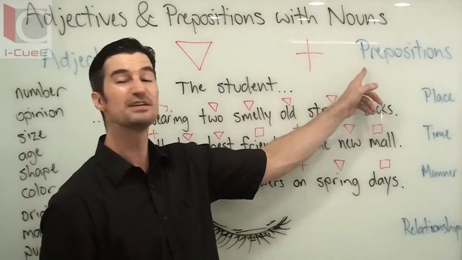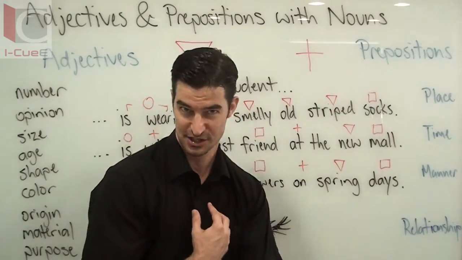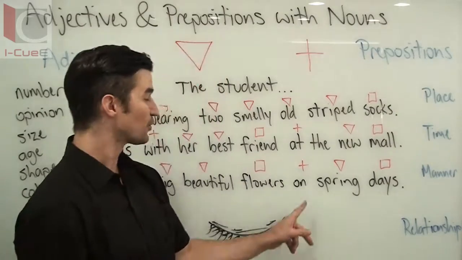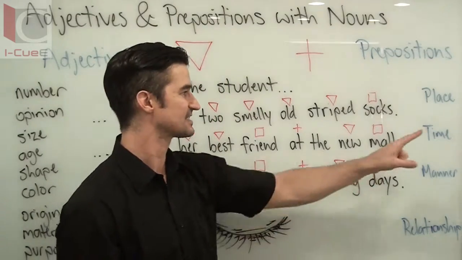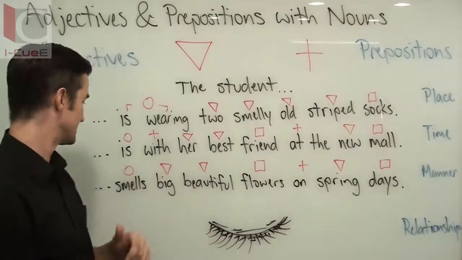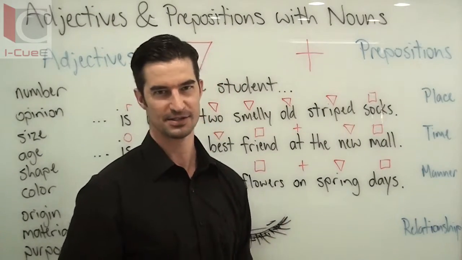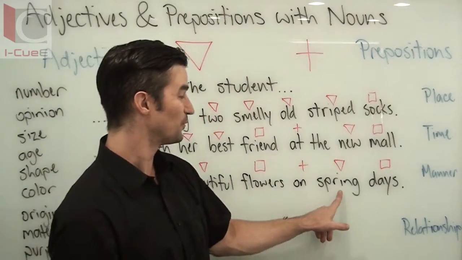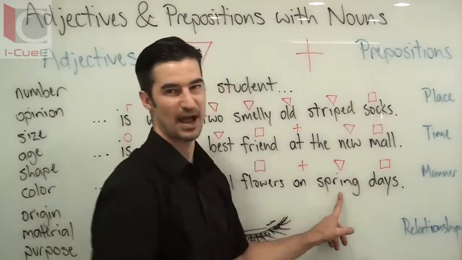Remember that the preposition is connected to the noun that answers the question. So here we have on spring days, which tells us time. It tells us when the student smells big, beautiful flowers. And also, spring here is the adjective describing days.